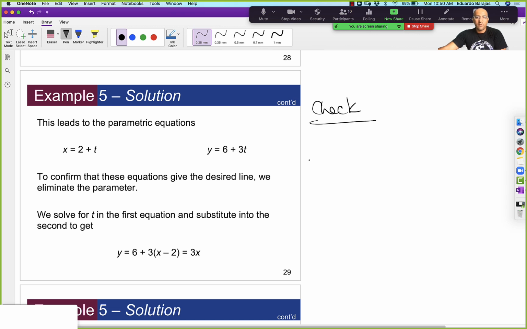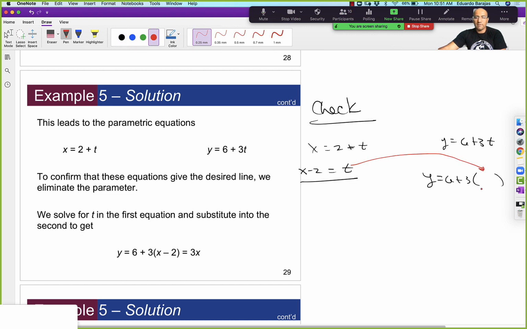The easiest thing is to solve for t: x minus 2 equals t. Now we plug that into y equals 6 plus 3 times something, and that t value is x minus 2. So we end up with y equals 6 plus 3x minus 6. The 6's cancel, and we get y equals 3x, which is a linear equation that has a slope of 3.